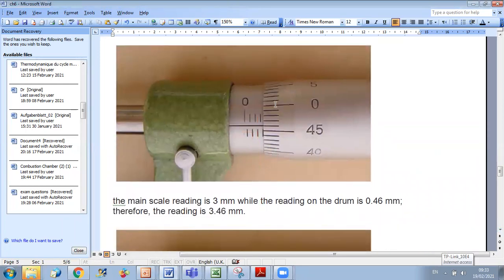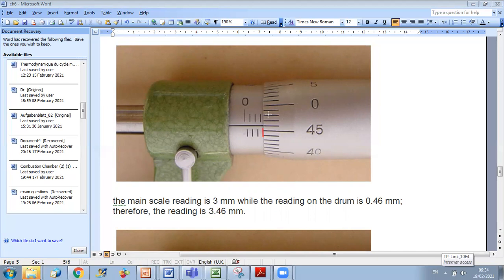So here in this figure, this is in the main scale. What do we read? We have 1, 2, 3. Look here, we didn't pass yet the whole line. You can see that you will be very close to 3.5, but you didn't pass it yet.